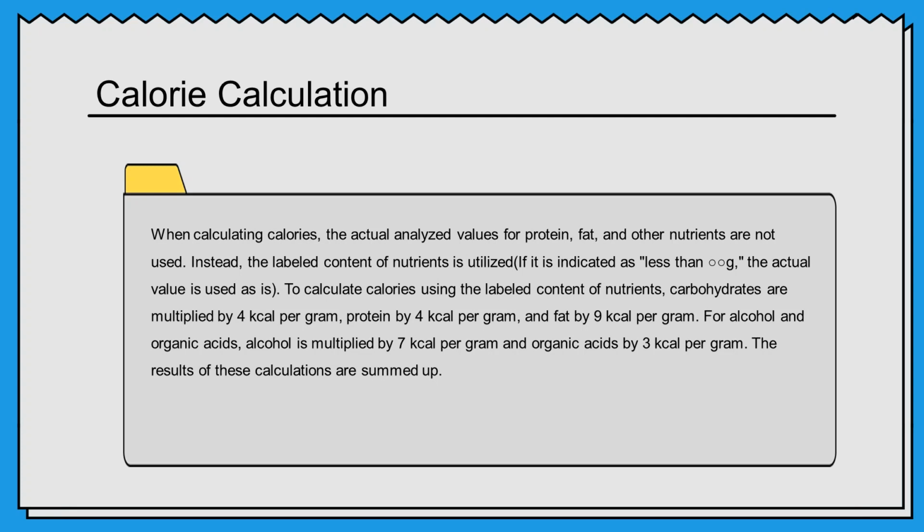For alcohol and organic acids, alcohol is multiplied by 7 kilocalories per gram, and organic acids by 3 kilocalories per gram. If indicated as less than X grams, the actual values are used instead of the labeled content. If it is indicated as less than that, the actual value is used as is.